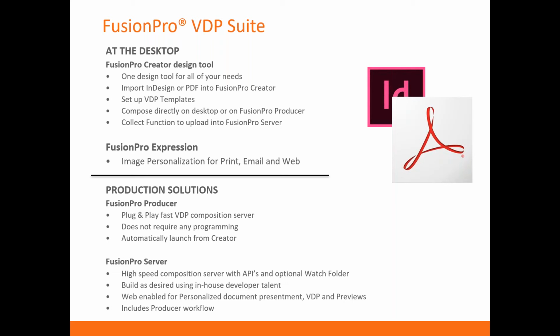Now, Fusion Pro Server, along with the high speed, also brings APIs. And with APIs, you're able to integrate Fusion Pro into many different applications or environments. So it can be used as an automated variable data workflow. It can be used as a back end to a web to print system.